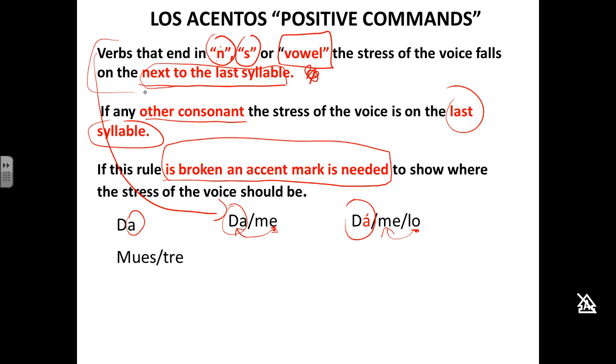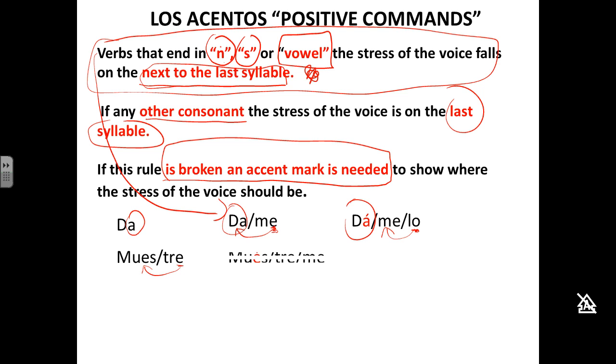So all of them actually follow this first one right here. So "muestre." Here, there is no accent. It's saying that the stress of the voice follows right there. What happens when you add a pronoun? Now, it's saying that the stress should be right here, which it's not. It doesn't change. So you have to put an accent mark. So that's why it happens.